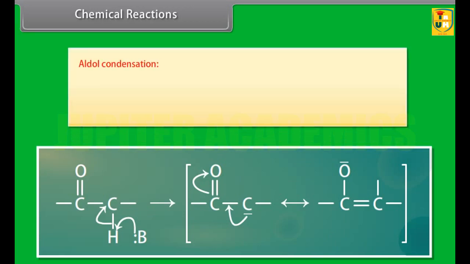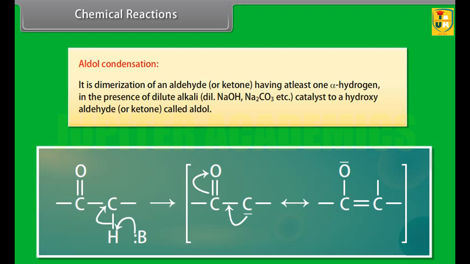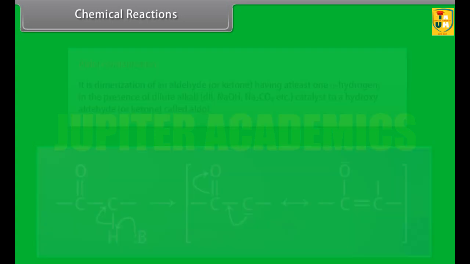Aldol condensation. It is dimerization of an aldehyde or ketone having at least one alpha hydrogen in the presence of dilute alkali such as dilute sodium hydroxide, sodium carbonate, etc., catalyst to a hydroxy aldehyde or ketone called aldol.